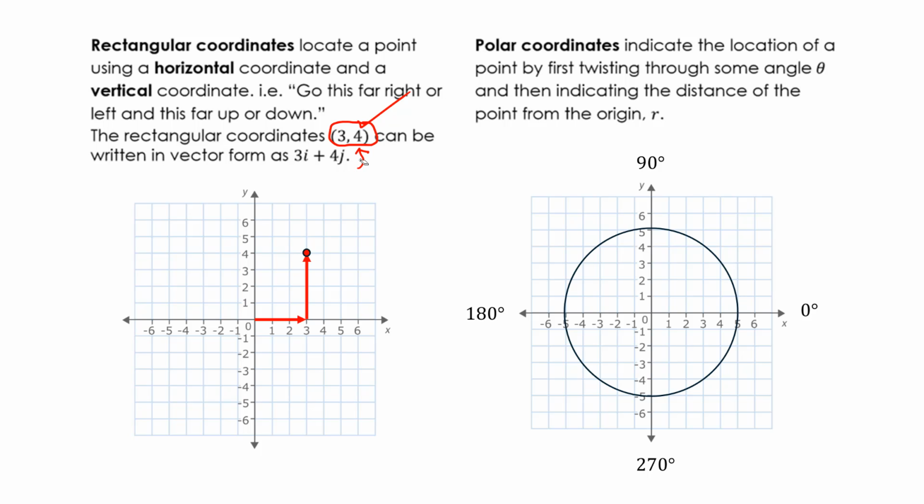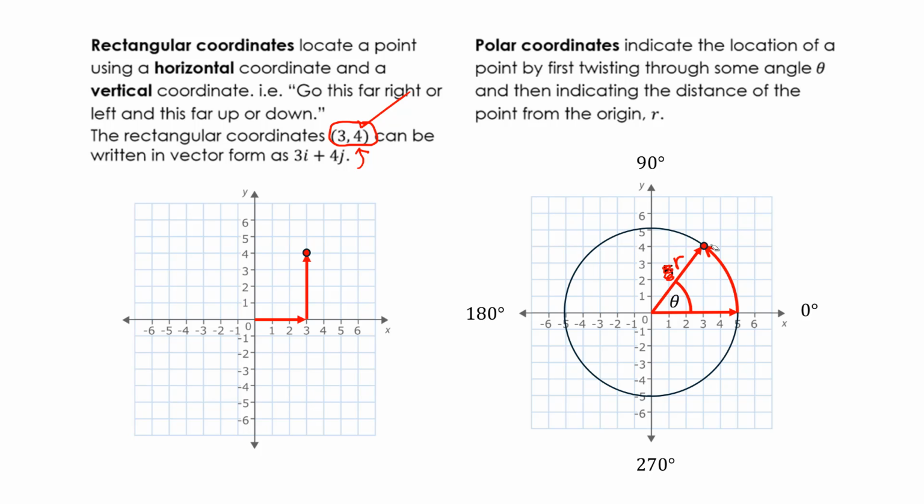First you think about how far you would have to rotate around the circle, and then how far you would have to go out from the origin to get to that point. That distance, which we're really going to call r, not 5, we call r. And then we call the angle theta.